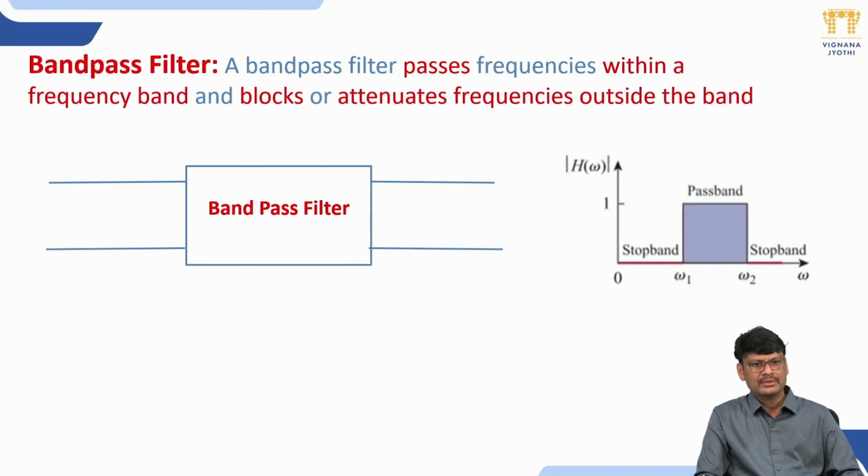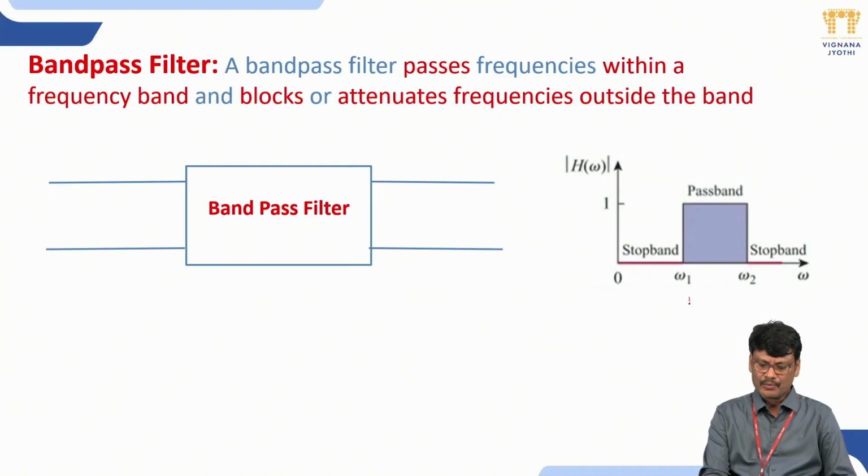Now let us move on to the third one, the band pass filter. A band pass filter passes frequencies within a frequency band and blocks or attenuates frequencies outside the band. Here band is nothing but a range of frequency. Here omega 1 is one frequency and omega 2 is one more frequency.